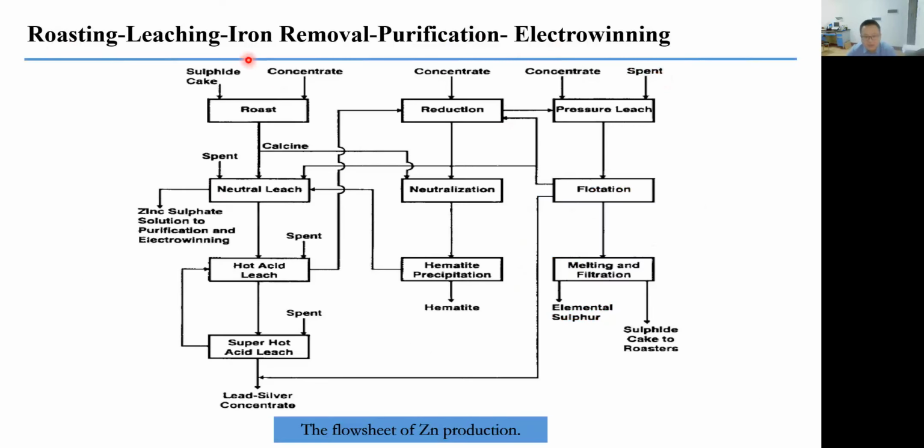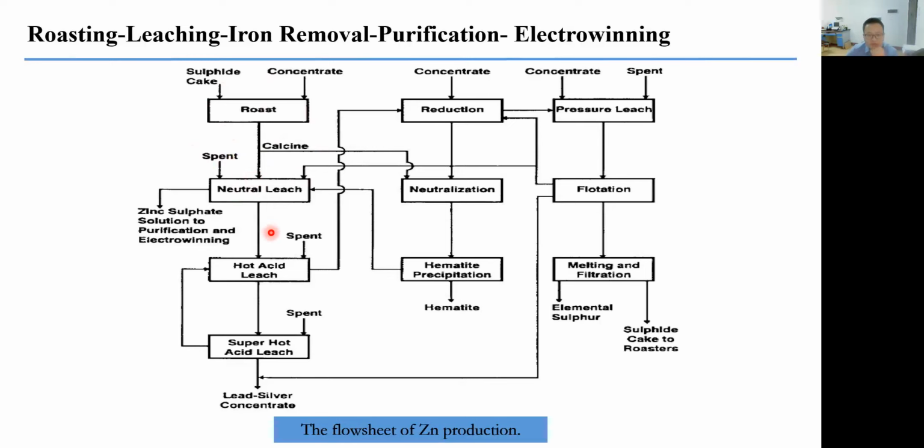And this is a typical main flow sheet for the zinc production. So the concentrate is mainly consisting of sphalerite, ZnS, zinc sulfide, and also there are some returns or reverts. They are going to the roasting process, and the calcine goes to the neutral leaching, and this spent electrolyte from the electrical refining process is used as a leaching solution.